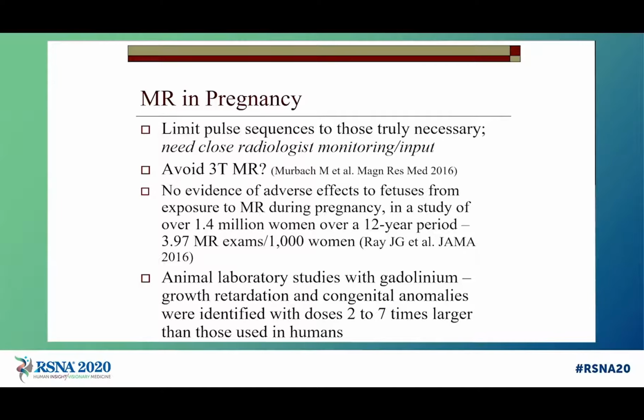That same group from Canada did a follow-up study published in JAMA a few years ago showing no adverse effects to the smaller group of pregnant women who had MRI during pregnancy compared with the larger group who did not. Similar kind of cohort series. Gadolinium, again, somewhat controversial. The evidence is more from animal models where much higher doses are used.